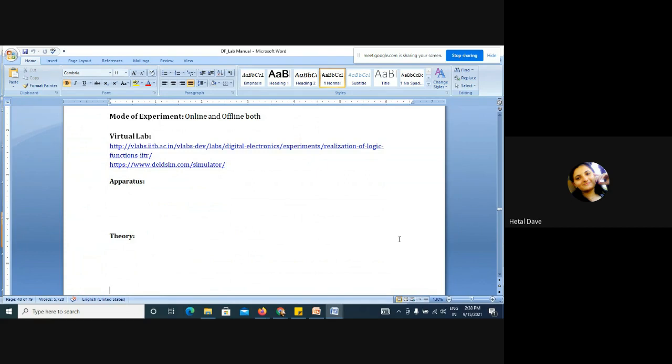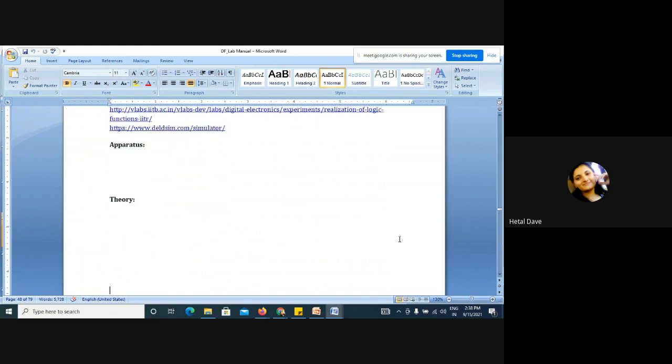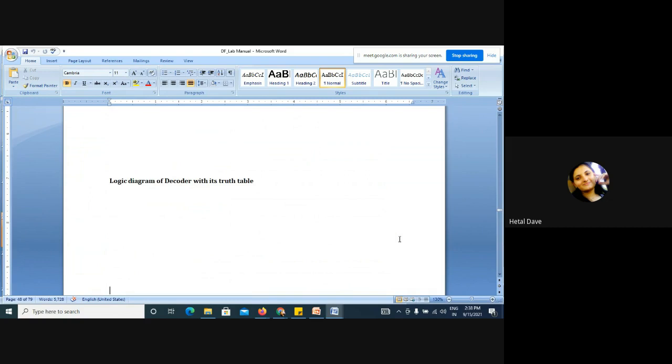Then theory: you will write a brief about decoder and encoder. Then the logic diagram of decoder and truth table. After I explain all these things, within 15 to 30 minutes, you will prepare a truth table and logic diagram in your book for encoder and decoder both. Take a photo of it and paste it in the given space.